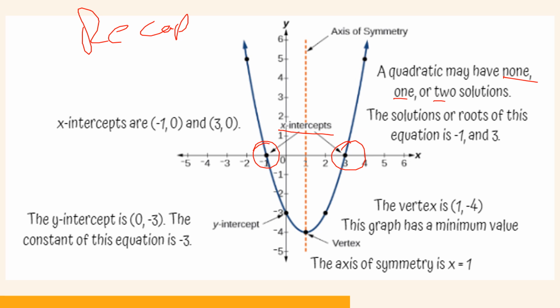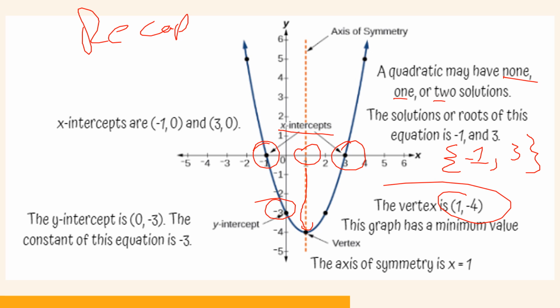So this one has 2 solutions. The solutions are roots, so this one is -1 and 3. The vertex is either the bottom of the valley or the top of the hill. This graph here is a valley, so it has a minimum value. Our axis of symmetry is the x value. It cuts it in half here at 1. And our y-intercept is 3.